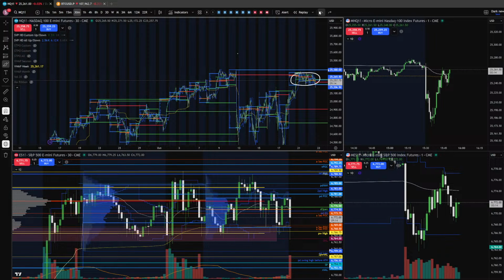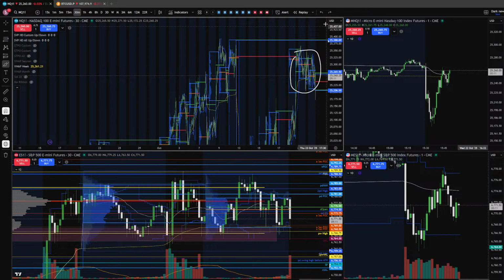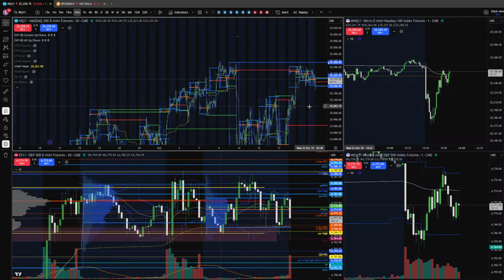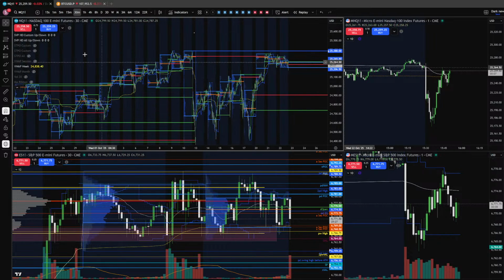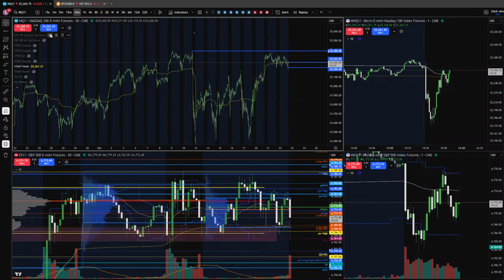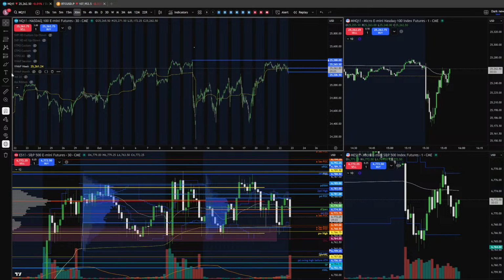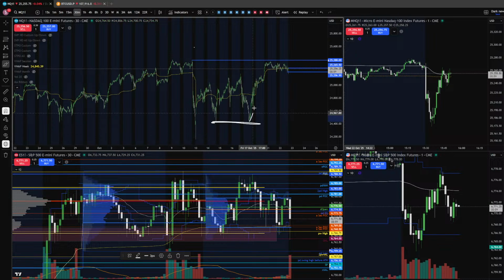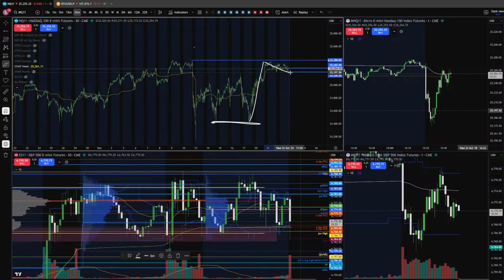All right, and what we've done here is basically trading and cleaning the lows, taking liquidity, big push up, and a consolidation. So this is primed for a push to new highs.